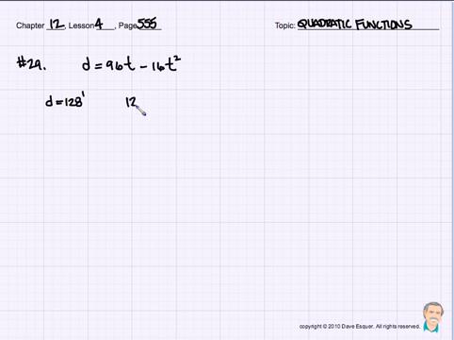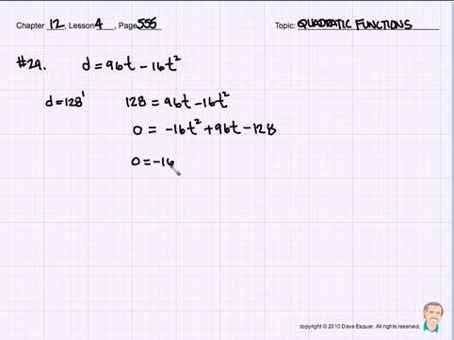So let's get started. We have 128 equals 96t minus 16t squared, or minus 16t squared plus 96t minus 128 is equal to 0. I love to factor, and I love to use the zero product property.